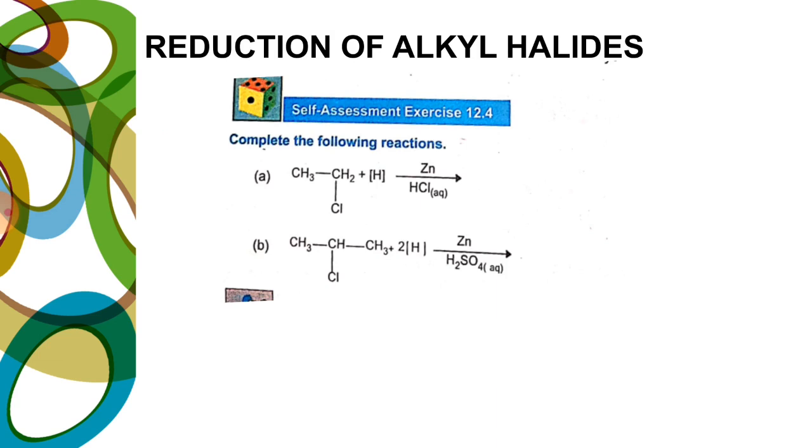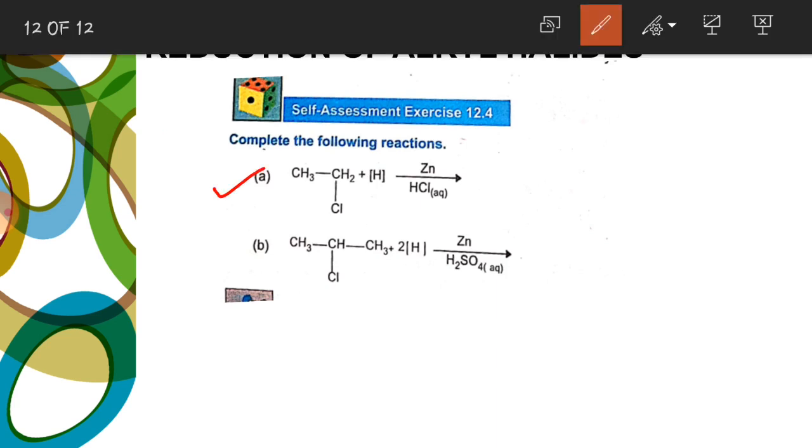Let's do a self-assessment exercise related to this reaction. We are given chemical substances like this. In the first case, we have ethyl chloride. Now, you have to write the product for this reaction. A key to writing the product for these kinds of reactions is that you just have to substitute this halide group with hydrogen.